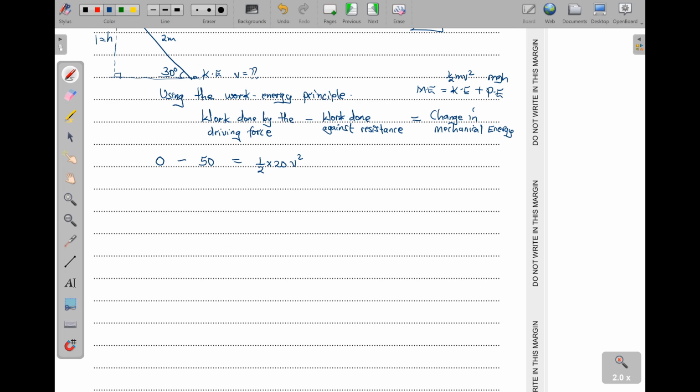We need this speed. Then minus the initial mechanical energy, which is going to be the sum of the kinetic energy, so a half times 20, then times the speed it was projected with, which is 5, so 5 squared. Then plus mgh, that is 20 times 10, then times our h, which is 1. Okay, we have gotten it up there.